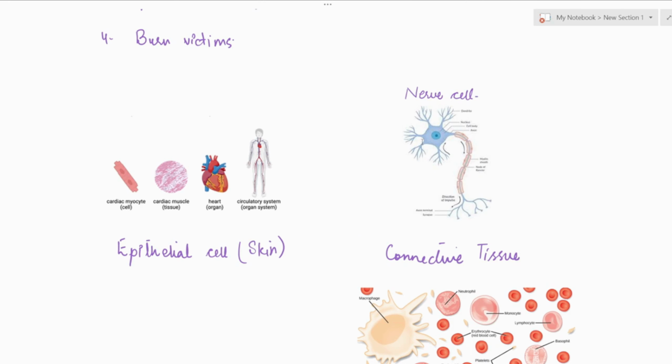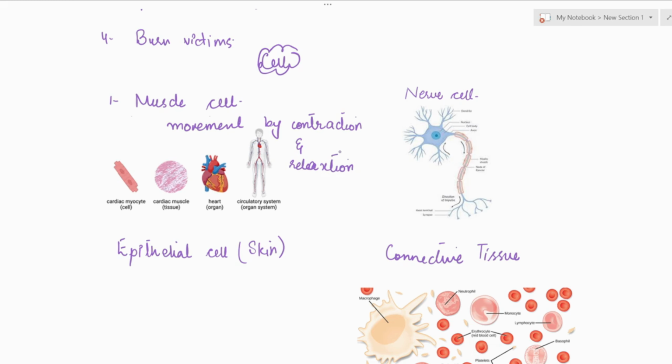Okay, let's revise again. The very first thing we read about the different types of cells is the muscle cells. The muscle cells help in movement by contraction and relaxation. What is the function of nerve cells? The function is to transmit signals, exactly, good, and bring about response.